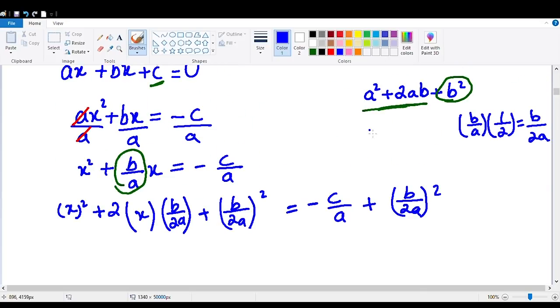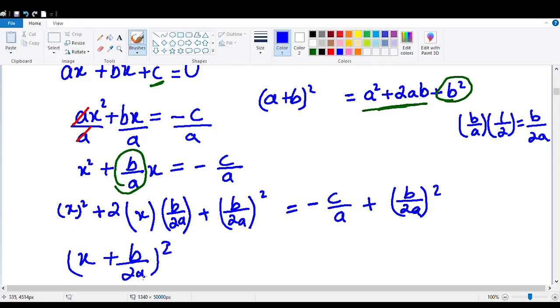This is the formula you get when you expand a plus b squared. So we're going to write this into this form, and for that we'll get x. x is basically like a. Then there's this plus, the one of the 2ab, and then we're writing the b term, which is b over 2a whole square.